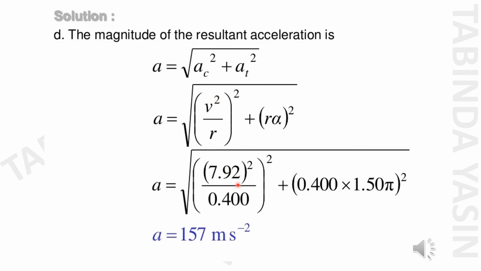We have v as 7.92 and r is 0.4, and substituting the values, plus 0.4 into 1.50 pi whole square. Multiplying and taking the under root, we have a is equal to 1.57 meter per second square.